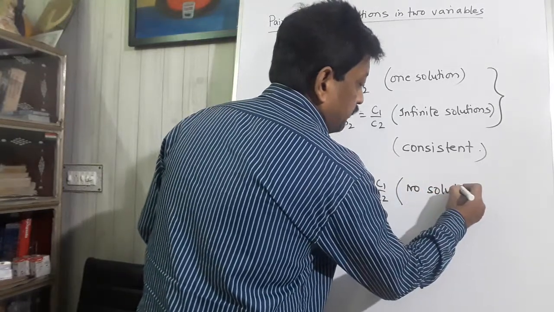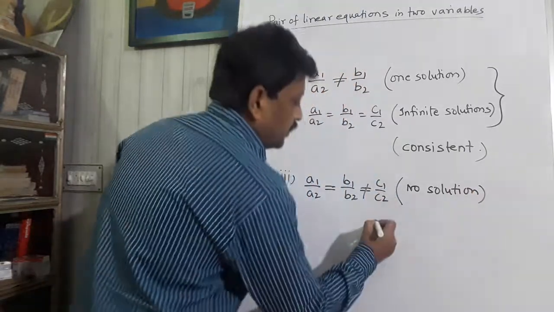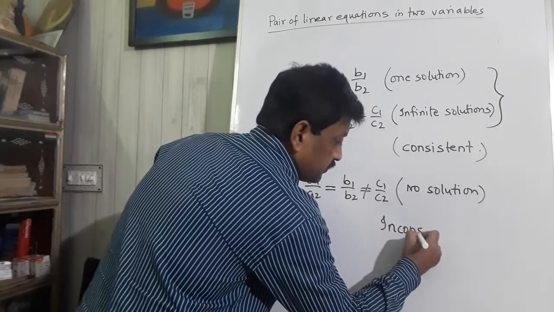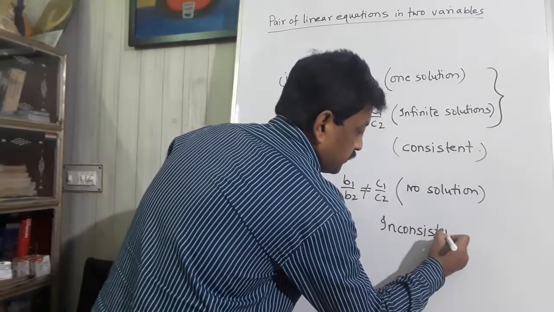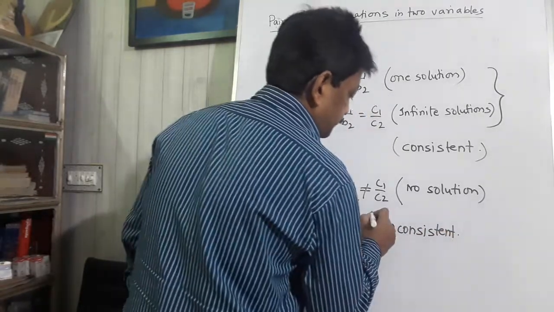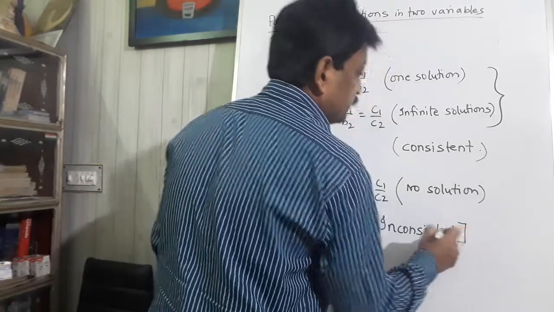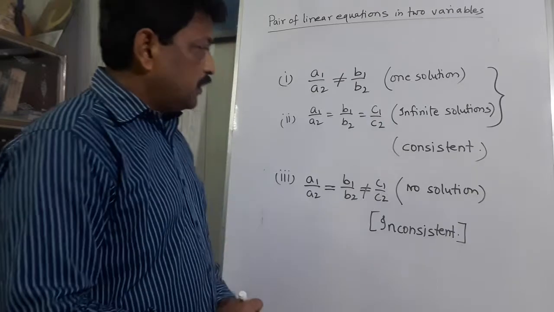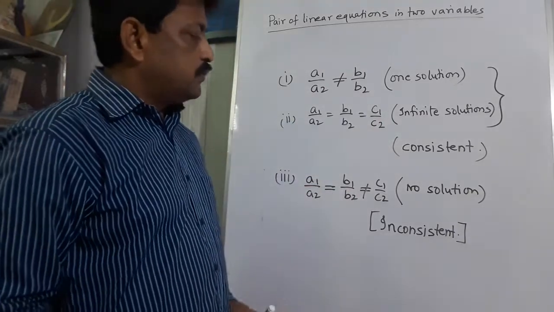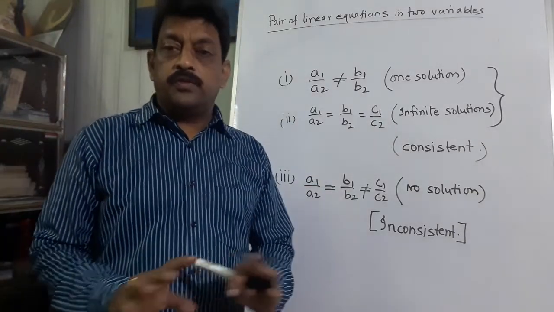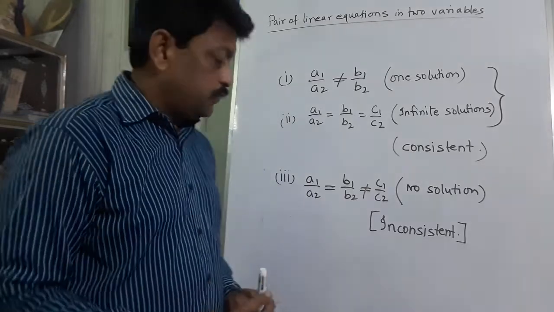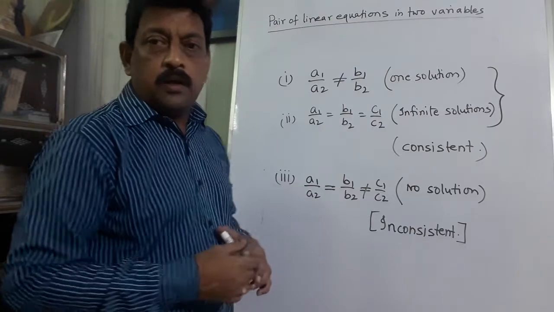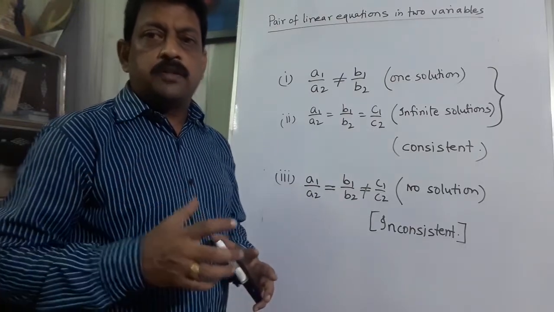Since they do not have any solution, their equations are known as inconsistent. Hope you have understood the part. Consistent means which has solutions, inconsistent means which does not have any solution. Understood?